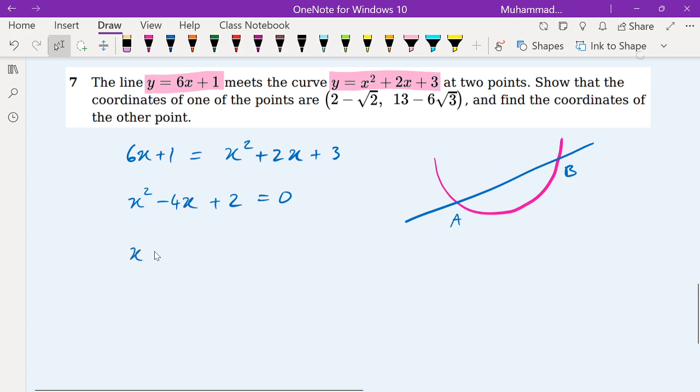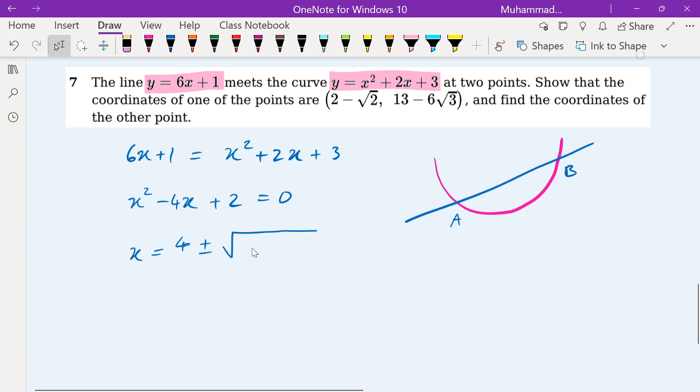Okay, you remember the formula? Keep telling me the values that I have to write. Not negative 4? Okay, fine, fine.